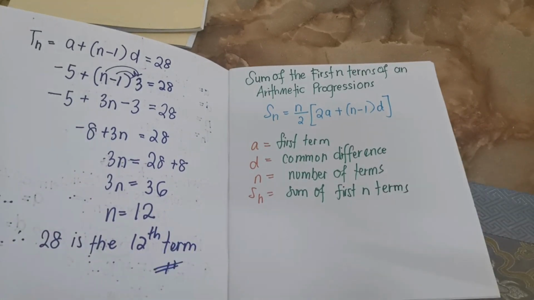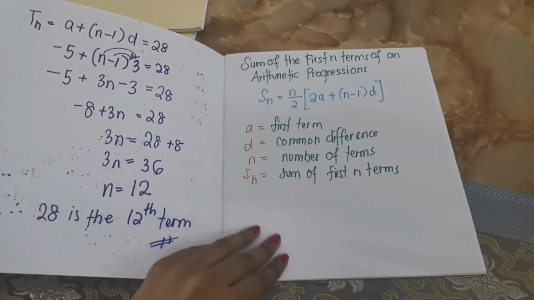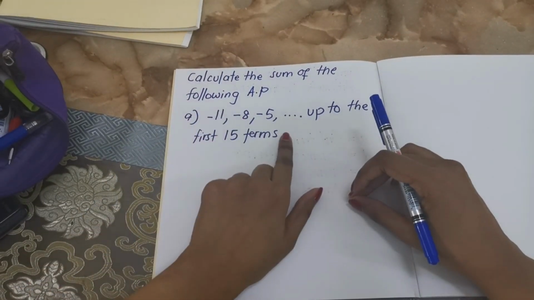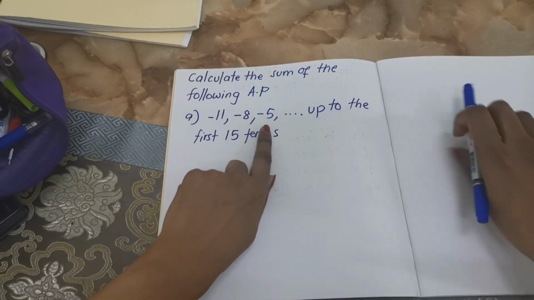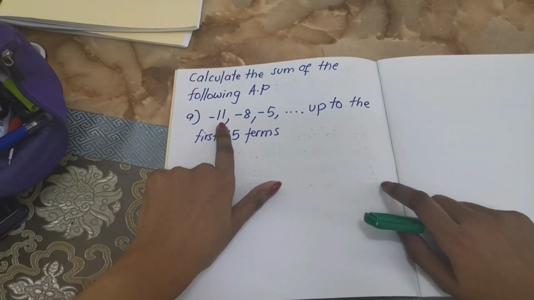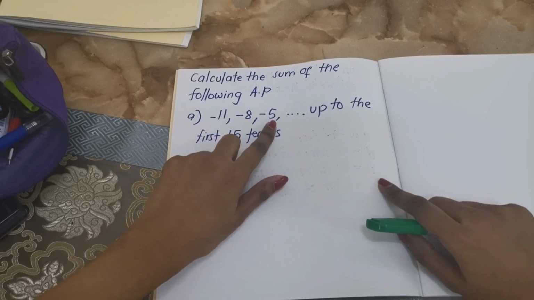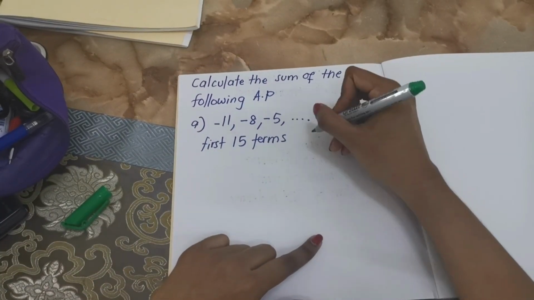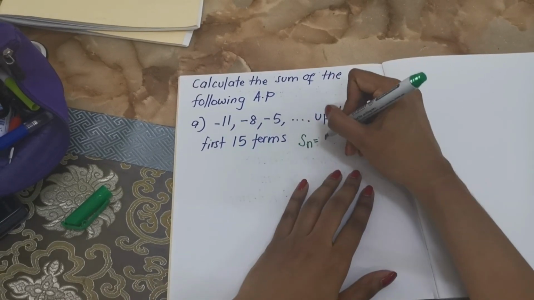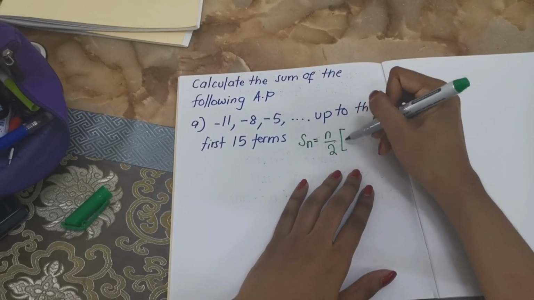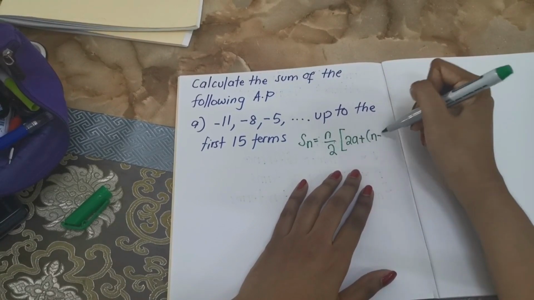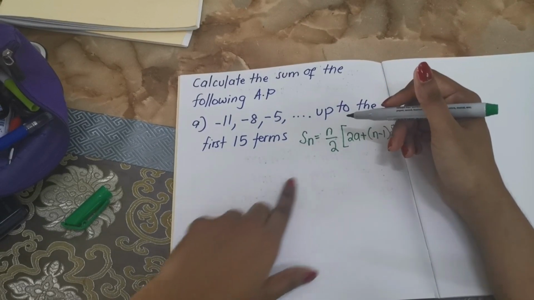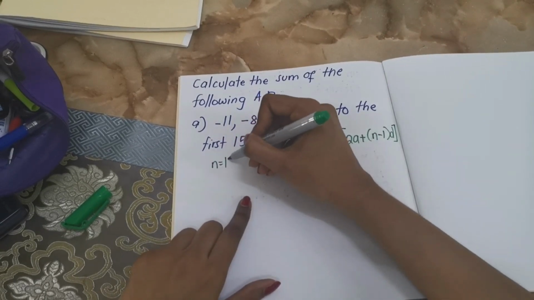Now, knowing all this, let's look at one example. Given this AP, calculate the sum of the following AP: negative 11, negative 8, negative 5, and you need to calculate the sum up to 15 terms. Knowing our formula, Sn equals n over 2 times 2a plus n minus 1 d, do we need to find our n first? Our n will be 15 terms.